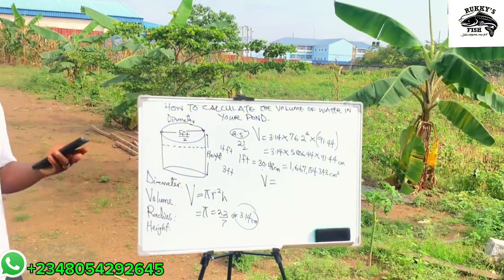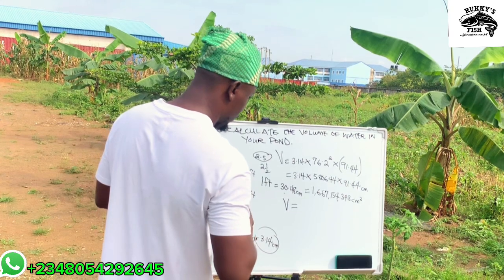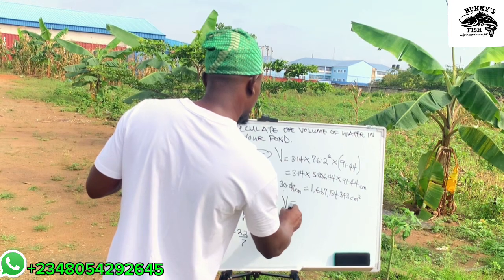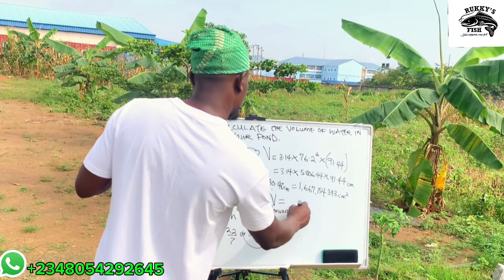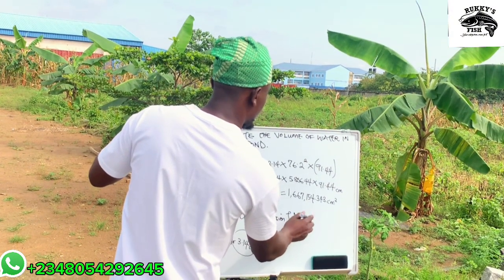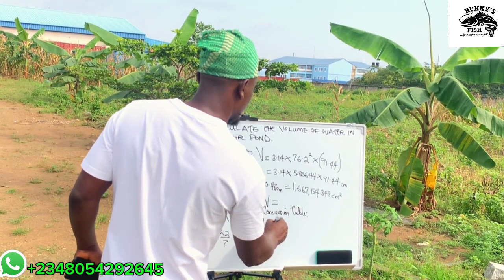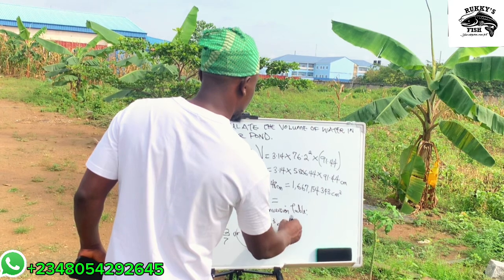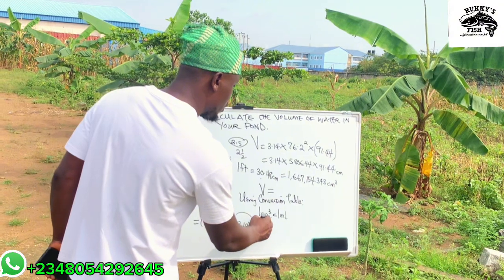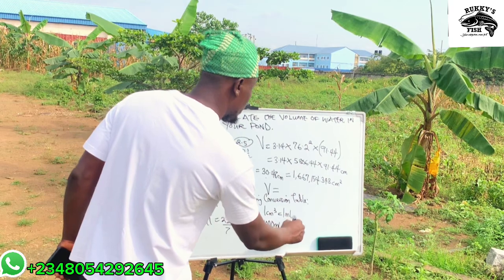For us to get our volume, we also need to use our conversion table, which states that 1 cm cube is equal to 1 milliliter. So 1,000 milliliters is equal to 1 liter.